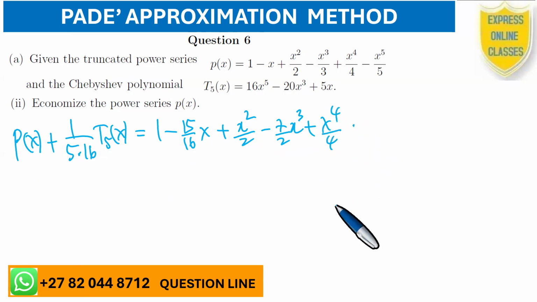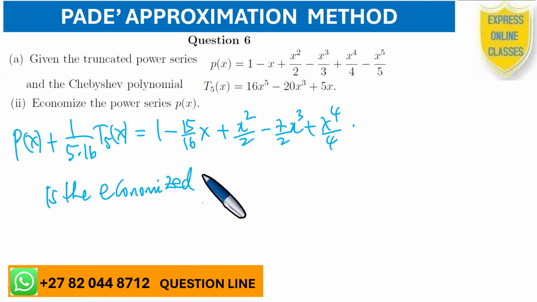Right, so this is exactly what we are getting as the economized power series. But it is the economized truncated power series. It's the economized power series truncated version.